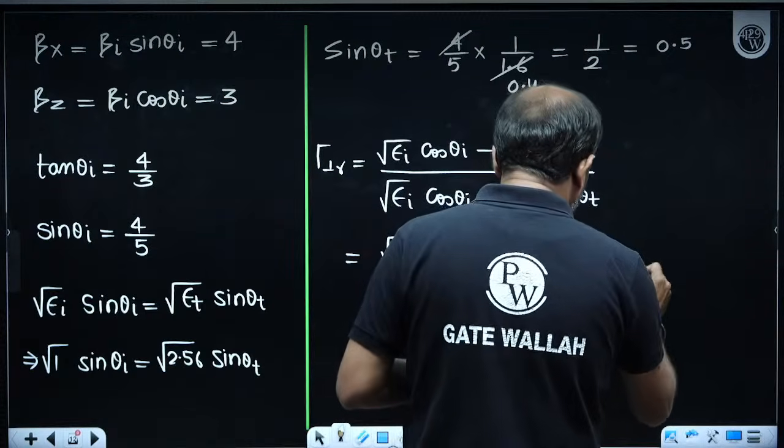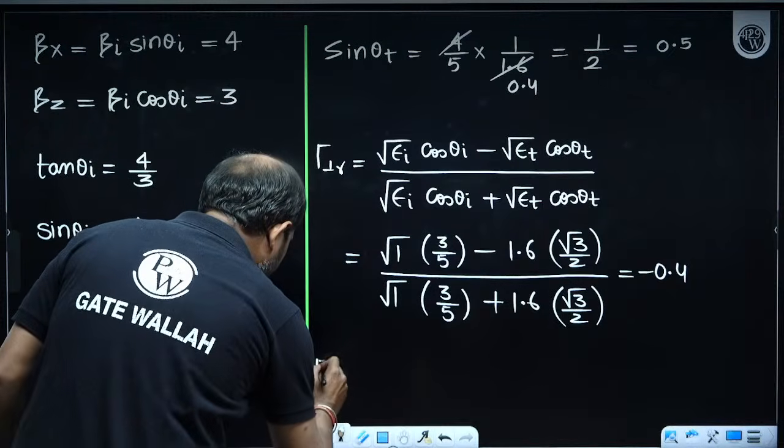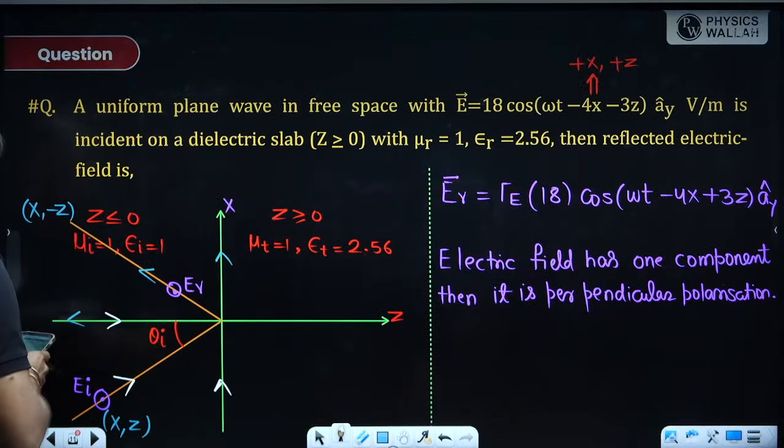It will be approximately minus 0.4. So ER will be 0.4 into 18, so it will be 7.2.